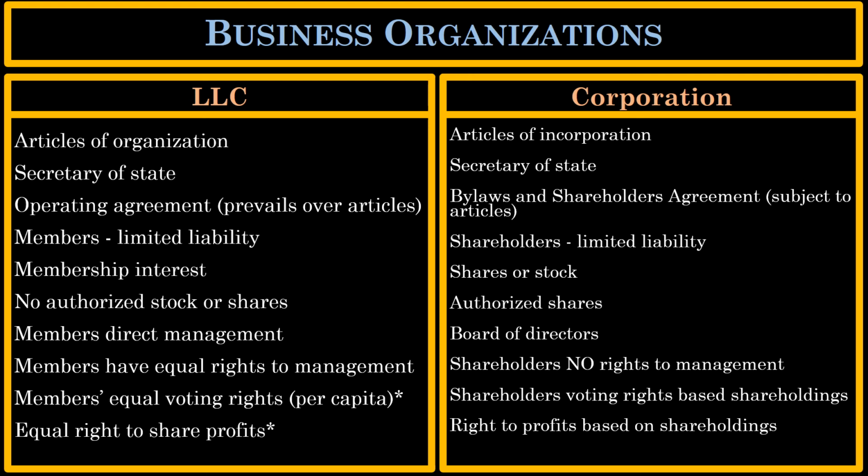And in the corporation, your right to profits is based on your shareholdings, right? So each share has an equal right to receive profit. If you hold more shares, then you have more rights to receive profits, or you have rights to receive more profits. That's a better way to state that.